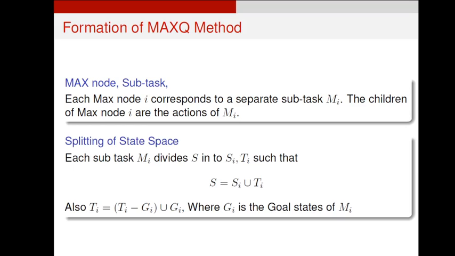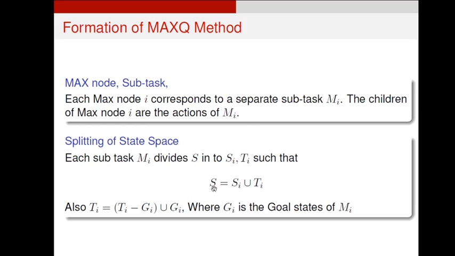Splitting of state space: how can we split the state space using this hierarchical structure? Each subtask Mi divides the set S, that means the state space S, into Si and Ti. This Si corresponds to Mi, this particular subtask. Si means non-terminal states corresponding to the ith subtask, and T stands for terminal, so Ti means terminal states corresponding to this ith subtask.